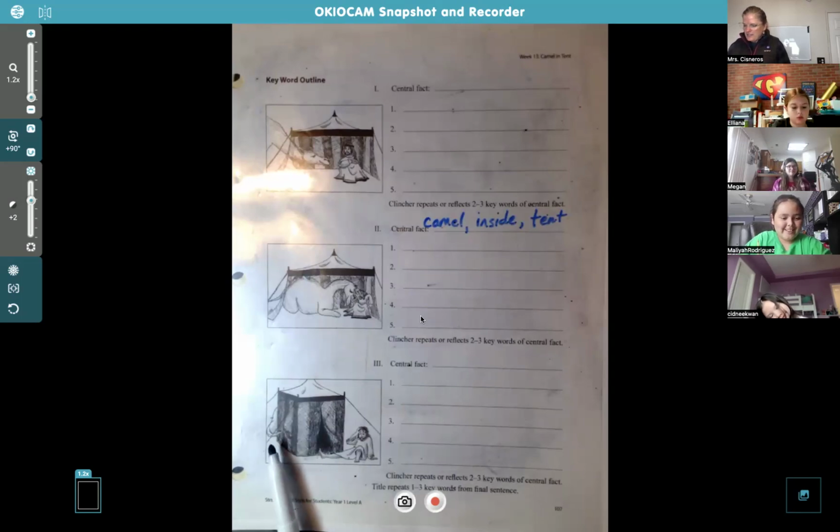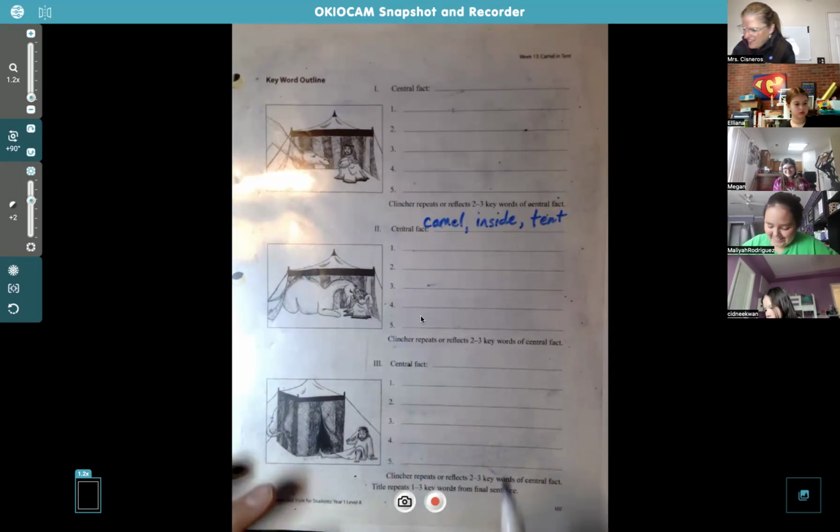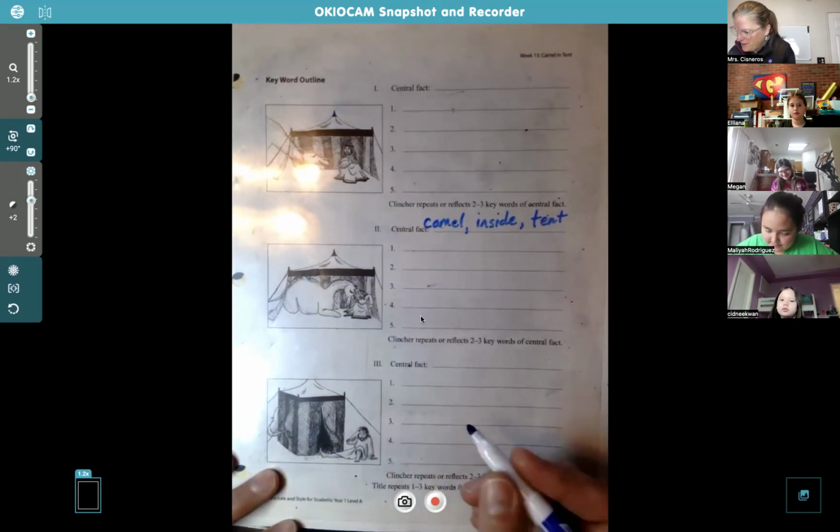I think this is the camel's backside and his tail sticking out. And then here's the guy on the outside, like you said, and he's holding his head. So, I think he might have gotten hurt.